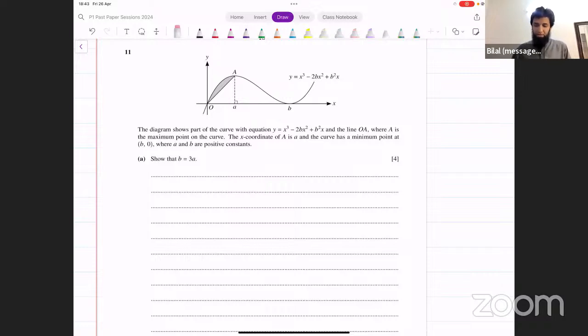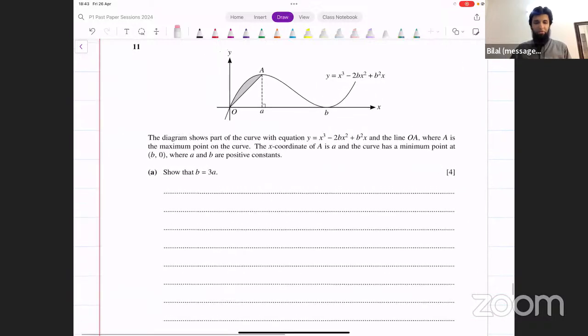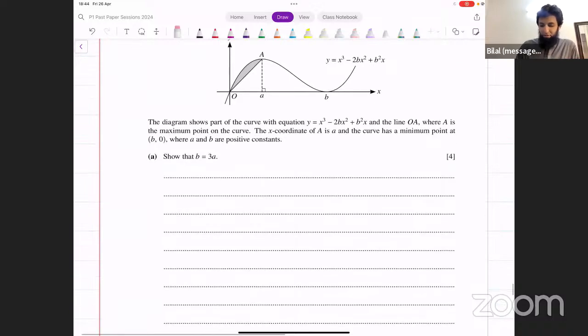Okay, so we need to find some relation, some equation between b and a. How can we do that? b is the x-intercept of the curve. Let's use that. y equals x cubed minus 2bx squared plus b squared x.